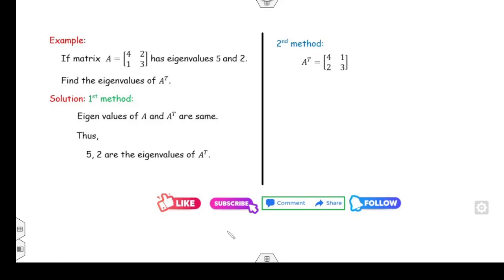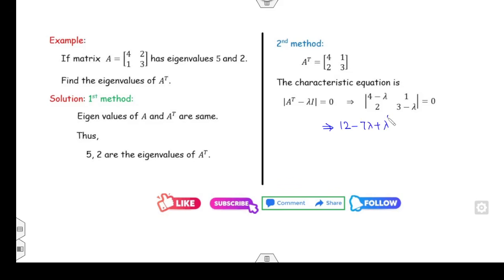Fine. Then you can write the characteristic equation. The determinant of A transpose minus lambda I is equal to 0, which implies the determinant of [4 minus lambda, 1; 2, 3 minus lambda] is equal to 0. Now, can you expand them? If I open this bracket, it's 12. Find the determinant. It's 12 minus 7 lambda plus lambda square minus 2 is equal to 0.